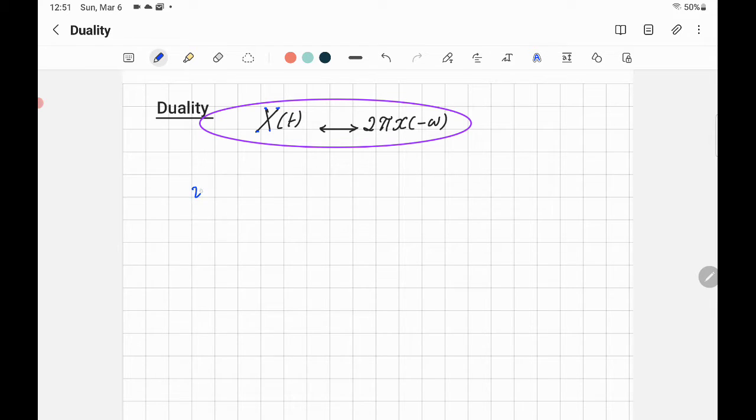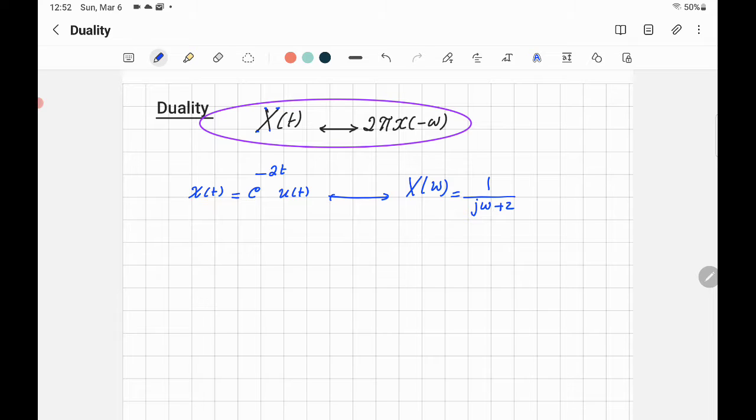If you have x of t equal to e to the minus 2t u(t), and we ask about the Fourier transform of this signal, we will say X of omega is equal to 1 over j omega plus 2. How did we get that from the table?